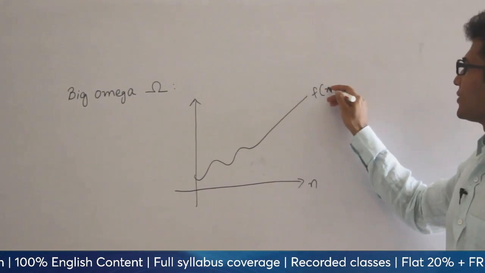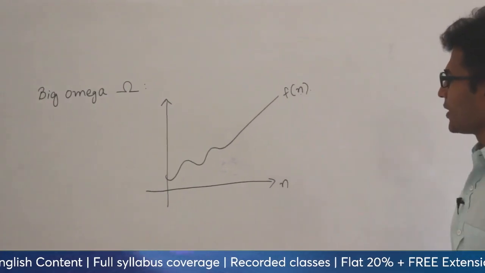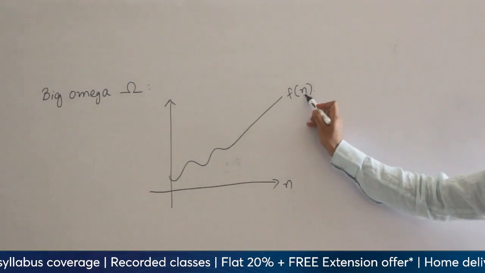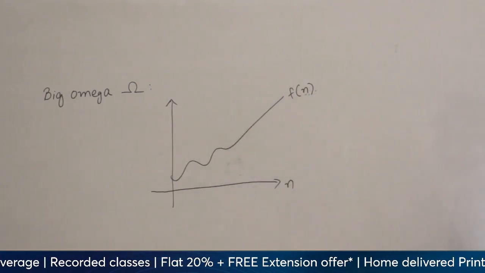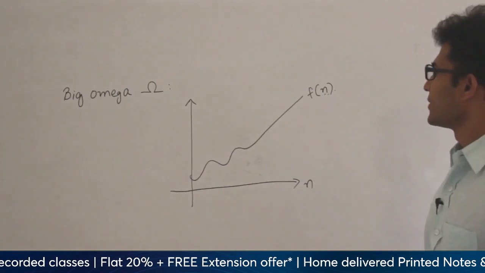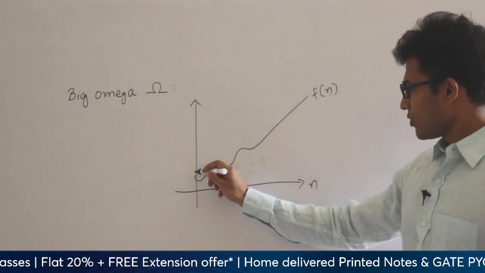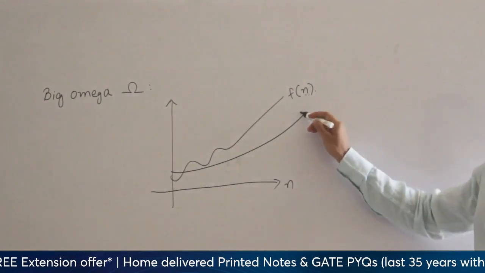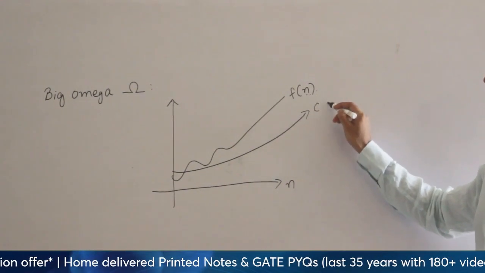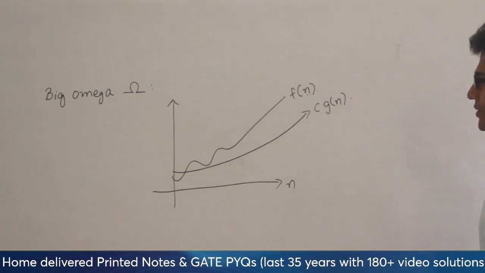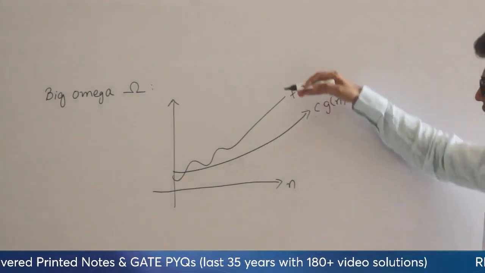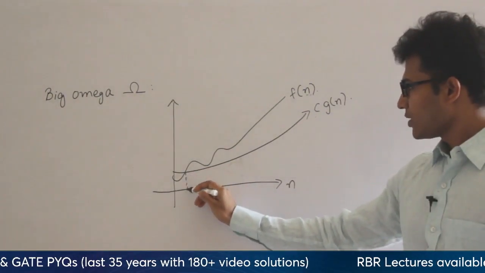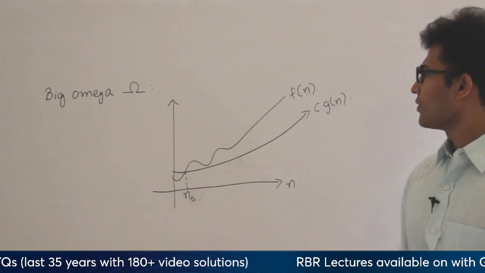Let us say this is f of n, where n is the number of inputs. As the size of the input is increasing, the function is like this for some algorithm. Now if I give a lower bound for this, let us say this is c into g of n, in such a way that c into g of n is less than f of n after some value of n, which is n naught.